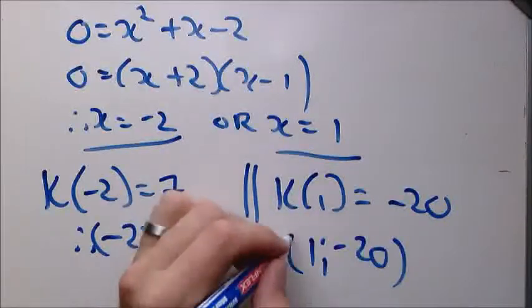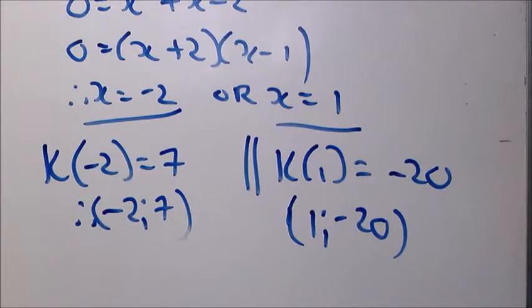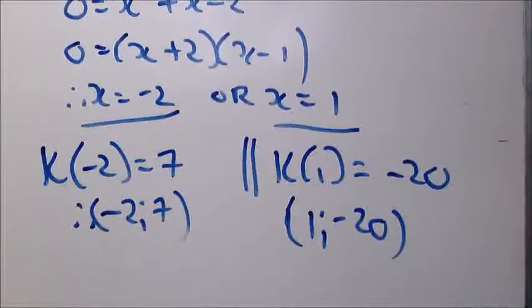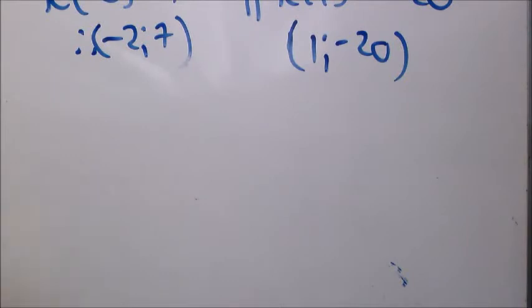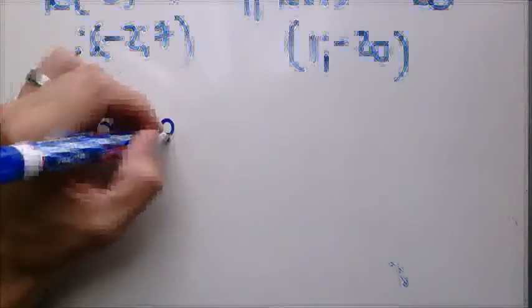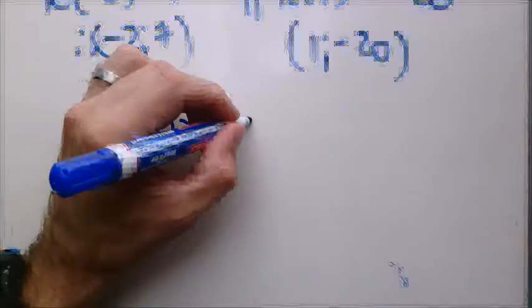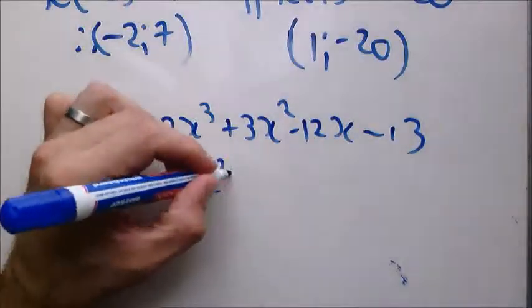So we have the turning points, we've got the x-intercepts, the y-intercept. Now we have to get the point of inflection. Let me just write down the function again so you can see how it looked. And then the first derivative was this.